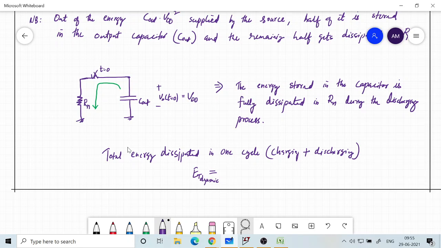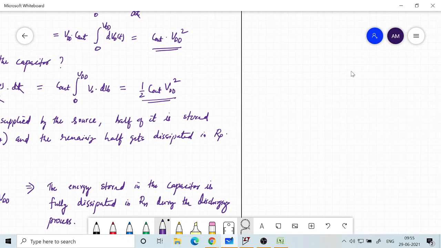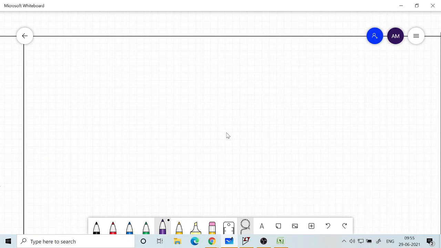It is basically half C out VDD square was dissipated during charging, and the same amount of energy was stored, so that also gets dissipated. So therefore the total dissipation is basically C out VDD squared. So that's the energy dissipated per cycle.